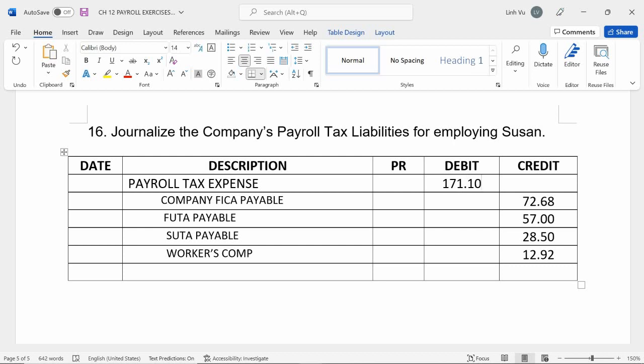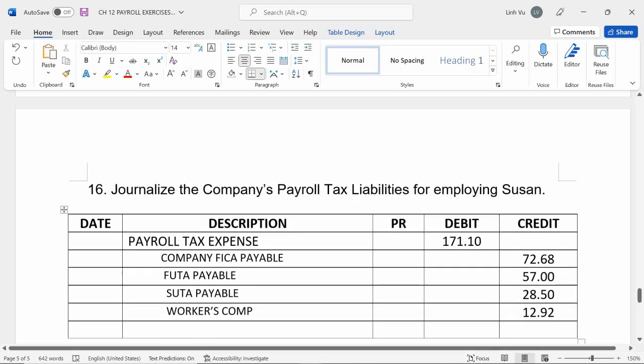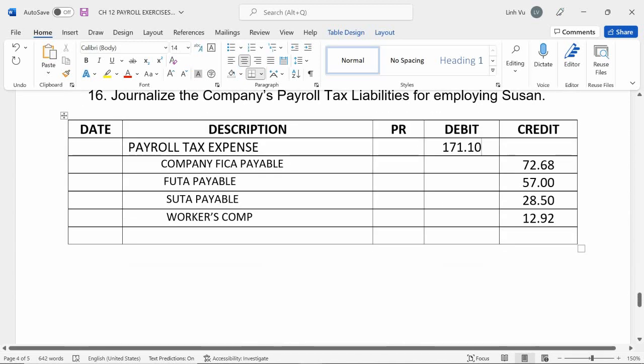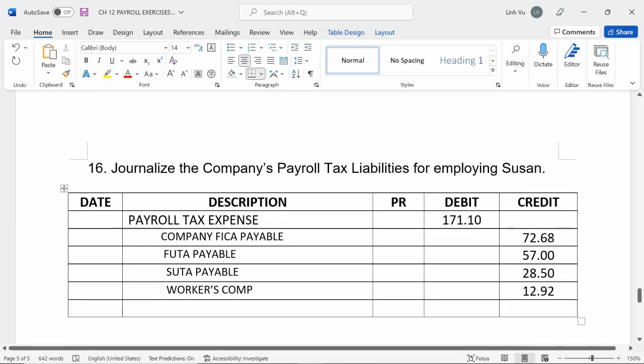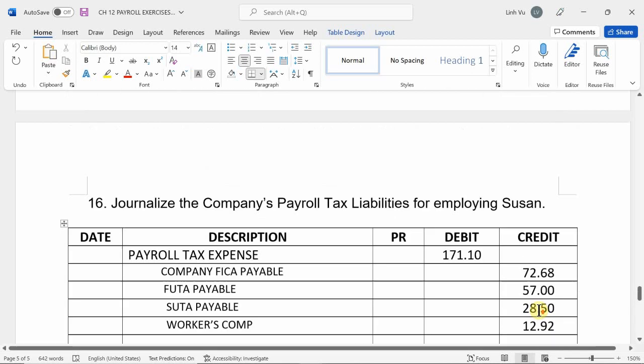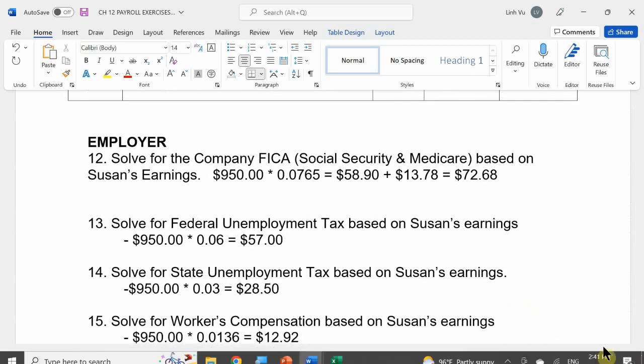So not only do we have to pay Susan $950 for her paycheck, we also have to put in $171 to pay for the other federal and state taxes for having her as an employee. That's already $1,200.